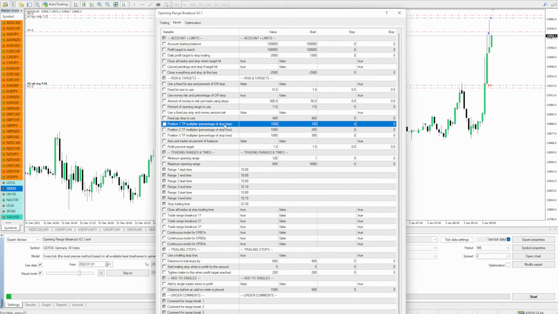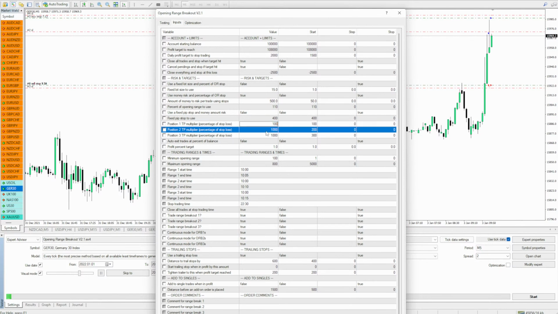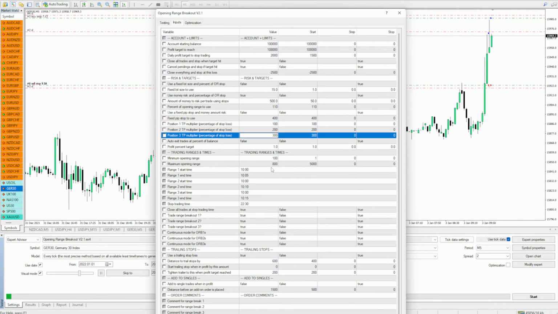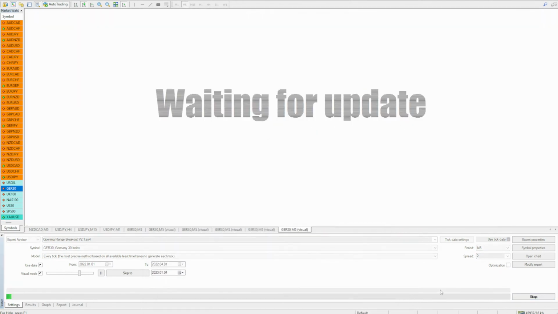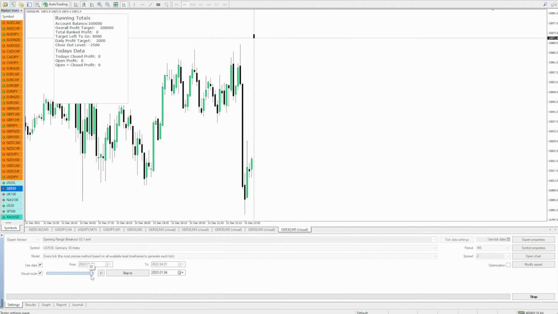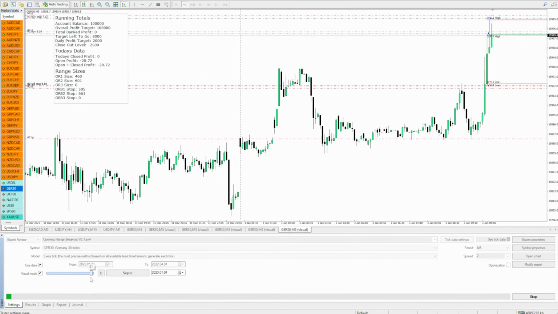Position 1 TP multiplier as a percentage of stop loss. This basically will set the take profit levels for you. So this is risk reward basically. So if I set this to 100, set this to 200, and set this one to 300, ignore that for a minute, you'll see that what we'll do is we will place all of our trades with a stop at the other end of the range, 110%.